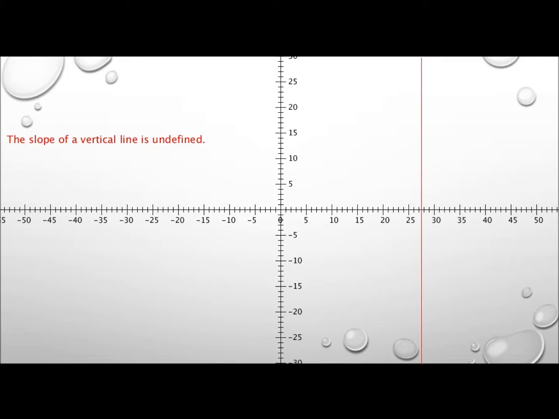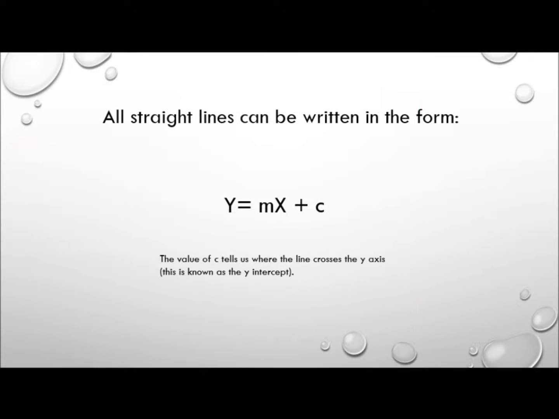However, the slope of a vertical line is undefined. So the equation of a vertical line takes the form x equals b, where b is a constant. The value of c tells us where the line crosses the y-axis.